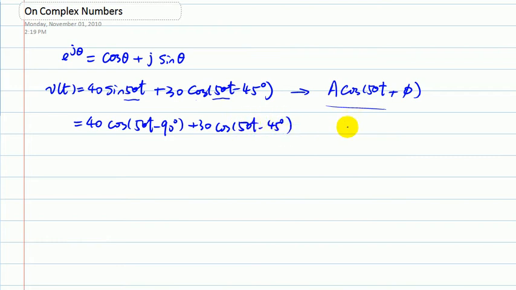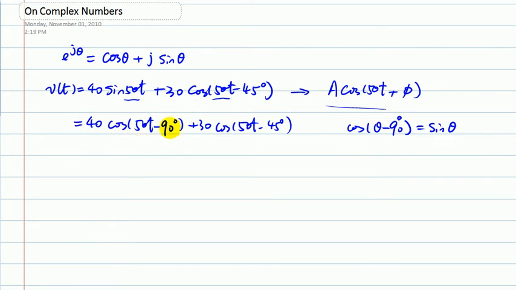Essentially, cosine of theta minus 90 degrees equals sine theta. So what do we do next? I don't want to manipulate this whole thing in the real domain. This is the real domain, and I want to operate in the complex domain, so I have to convert it into complex.